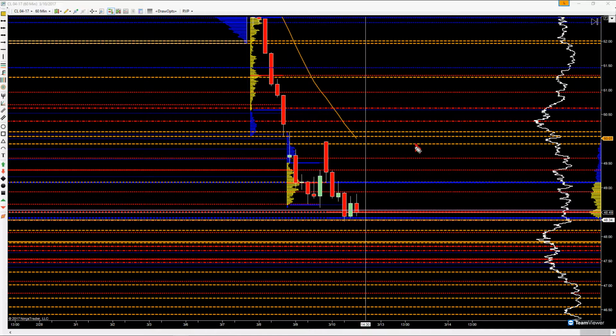Expectation number 3, we're going to do at least 2 more. Expectation number 3 is going to be an open break below VPOC, overnight VPOC, and Friday's low. Retest it to draw it nicer.